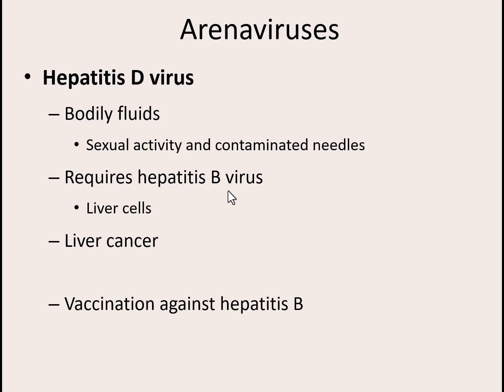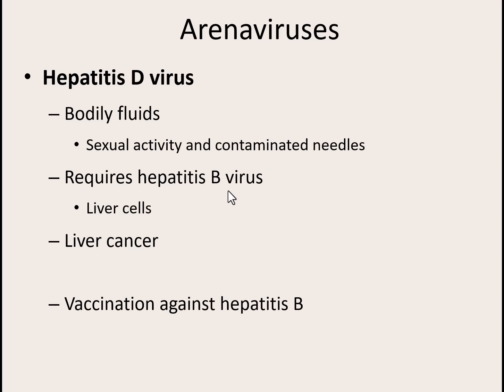It requires the hepatitis B DNA for it to actually hijack a host cell. So hepatitis D on its own can't cause you any harm. It's only if you have hepatitis B and then get hepatitis D. The two together will cause inflammation and damage to the liver and lead to liver cancer.